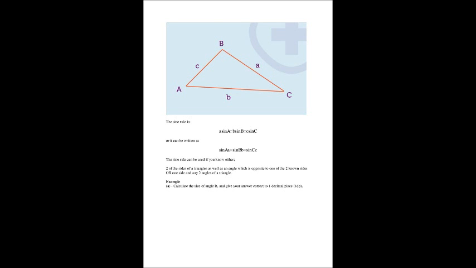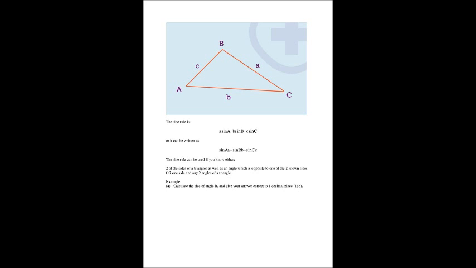Worked examples. 1. Using Pythagoras' theorem. During your GCSE Maths exam, you will be required to calculate various mathematical problems using Pythagoras' theorem. Example. The following triangle has the values a equals 9 and c equals 15. Calculate the value of side b. Solution.